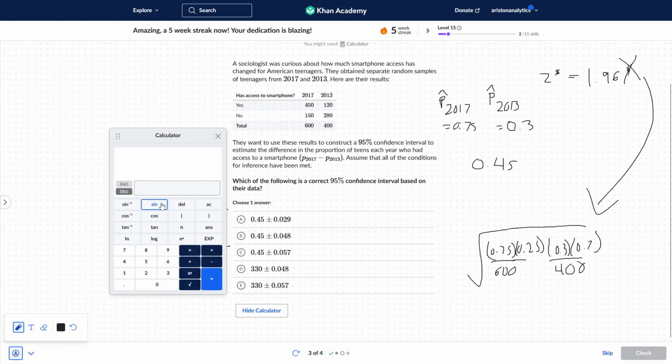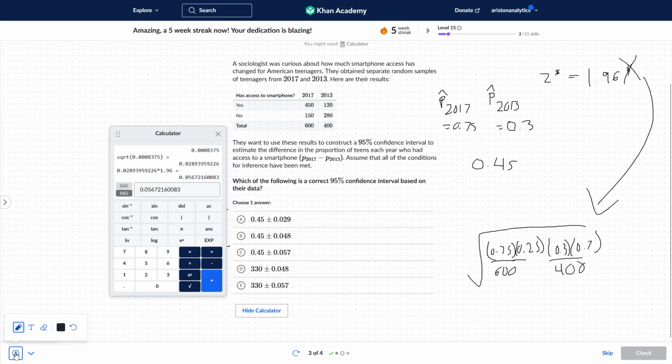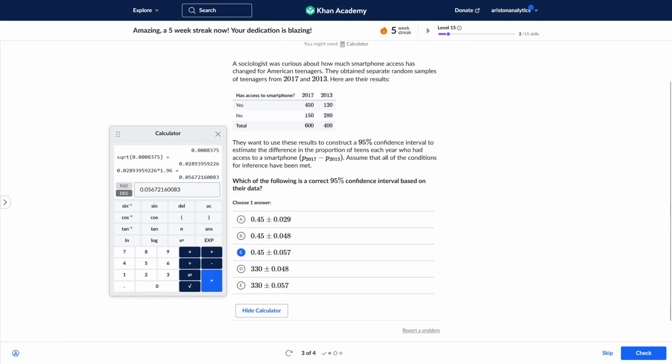Calculator. Times 1.96, 0.057. Okay, must be C.